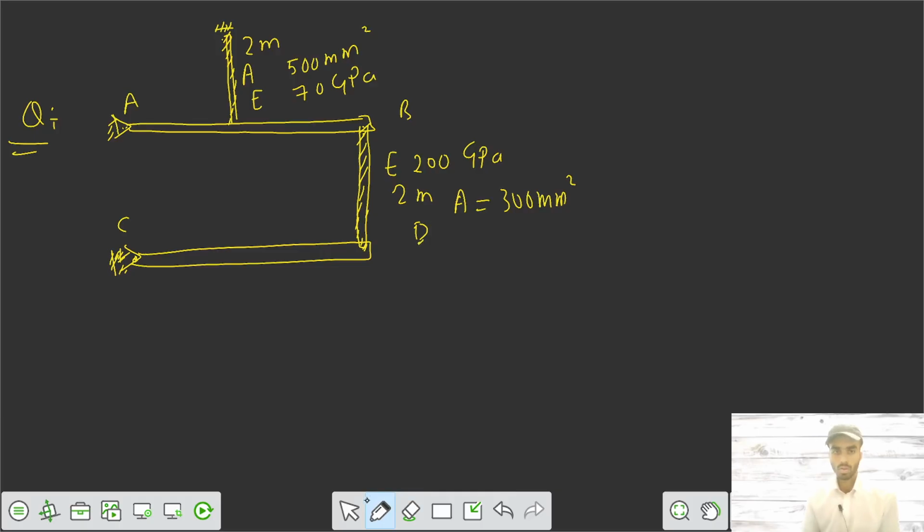The external loading is at a point 3 meter from C. The question is saying to get the value of maximum P if the vertical movement delta at point P is equal to 5 mm.